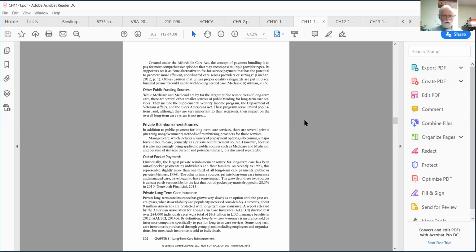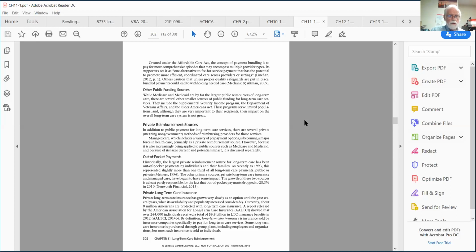The problem is that they'll also pay part of the next 80 days, or 79 days, up to 100 days in an incident. So you're responsible for like $141 a day or something like that for day 22 through 100.